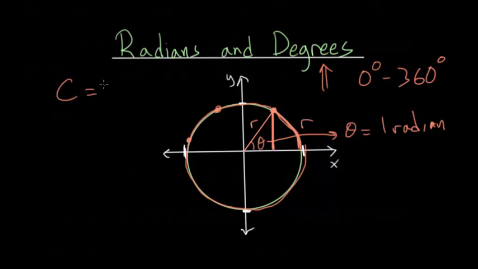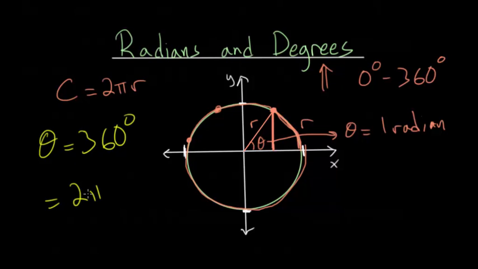Remember, the circumference is just 2 pi times the radius. So when considering how many radians are all the way around the circle, there are 2 pi radians. So when theta is 360 degrees, this would be equal to 2 pi radians.